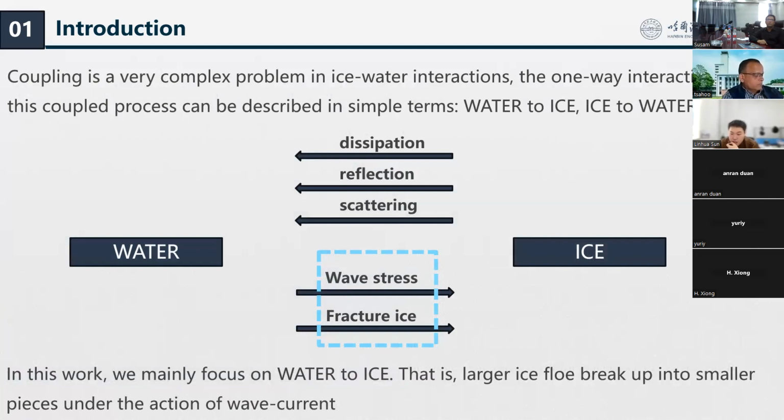On the other hand, the wave stress will cause the ice to break up, like fracture. So in this work, we mainly focus on water to ice, that is, a large ice floe breaking up into smaller pieces under the action of wave current.